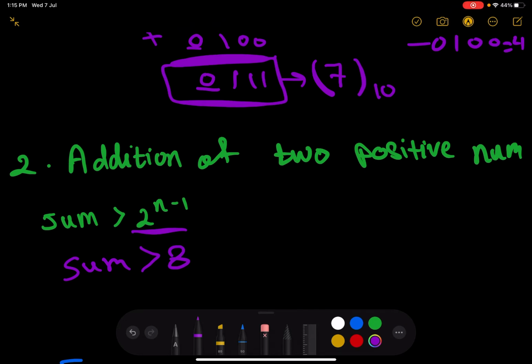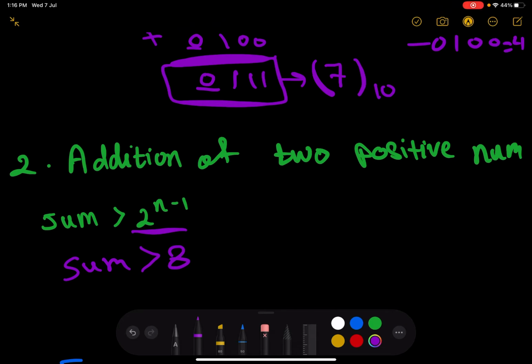Also, overflow only happens when you're adding two numbers with the same sign. For example, if you're adding two positive numbers and you get a negative result, you have an overflow. Or if you're adding two negative numbers and you get a positive number, in this case you have an overflow.